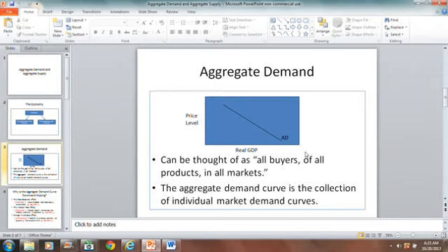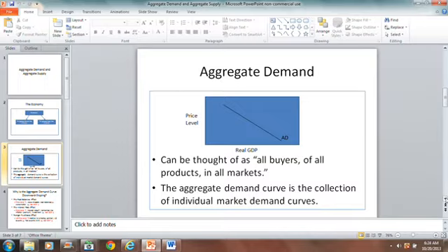The reason I focus on real GDP is that, as you remember from the chapter 5 discussion of GDP, real GDP puts the spotlight clearly on quantities. Since I'm looking at all goods and services, I need something to represent their quantities, and I'm going to use real GDP. So the vertical axis tracks the behavior of all prices on average, and the horizontal axis captures all the quantities in the economy.